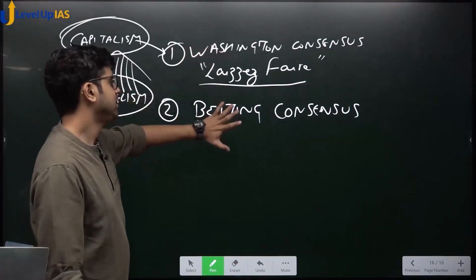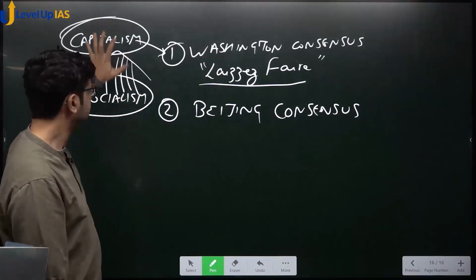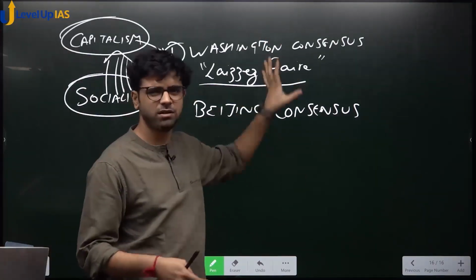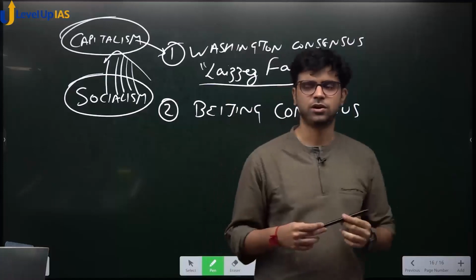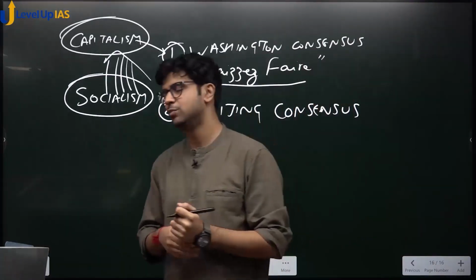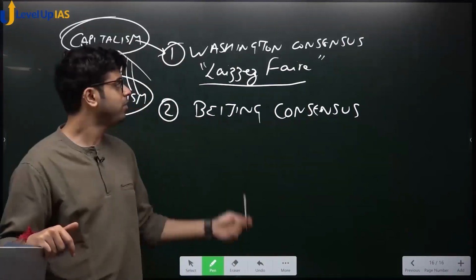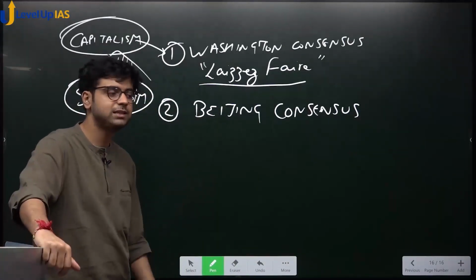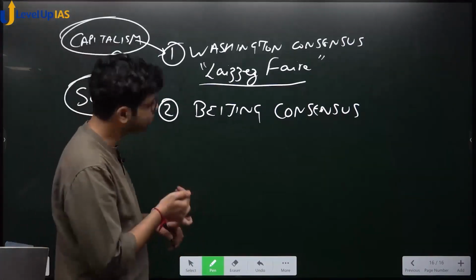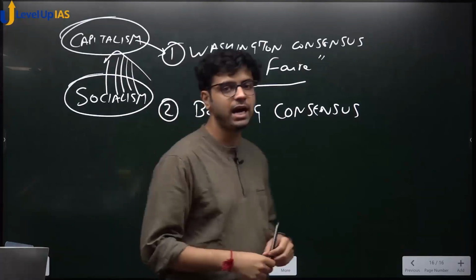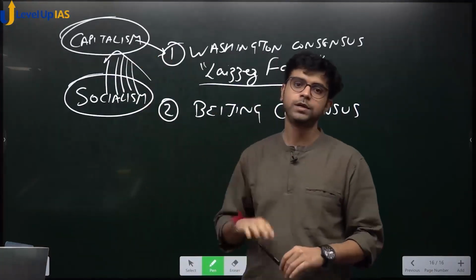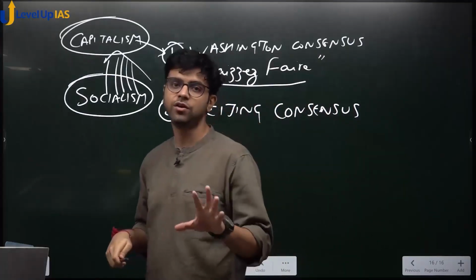Okay? Washington Consensus, Beijing Consensus done, capitalism done, socialism done. Do you know what is classical economics? Nothing but no government intervention. Then came neoclassical economics, which you can read in the book. So now Keynesian economics went to a backseat. What does Keynesian economics say? Please bear in mind, Keynesian economics does not say government should do everything. He says that when this does not work, government should step in. Government should not be a mere spectator to the failure of the economy.